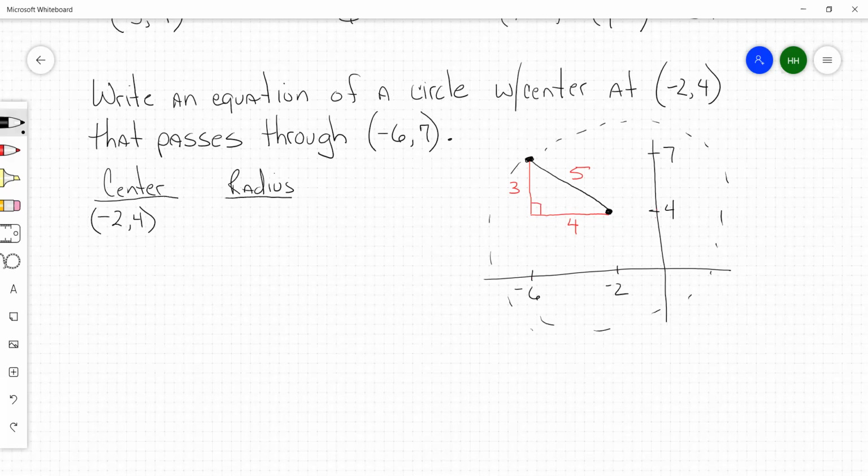The math would be 3 squared plus 4 squared equals c squared. That's 9 plus 16 equals c squared. 25 equals c squared. 5 equals c, or your radius, or the hypotenuse of that right triangle that we drew.